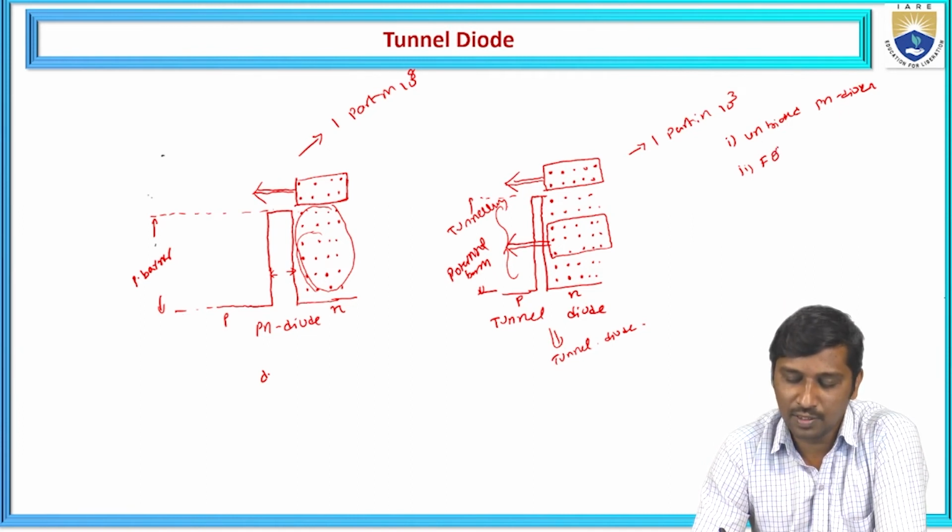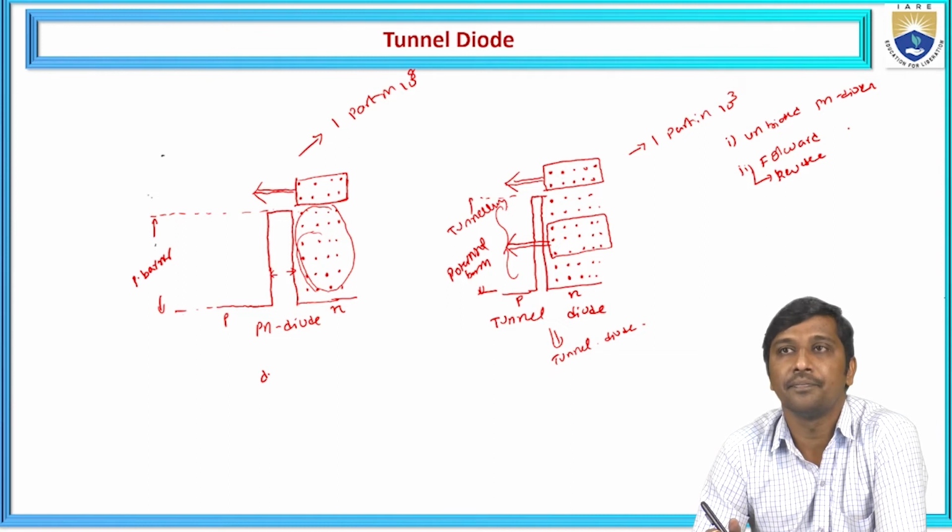With respect to biasing, we have two types: one is forward bias and the other is reverse bias. Now we'll see what happens in forward and reverse.